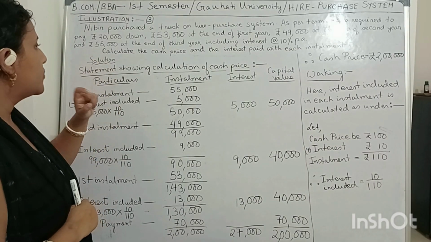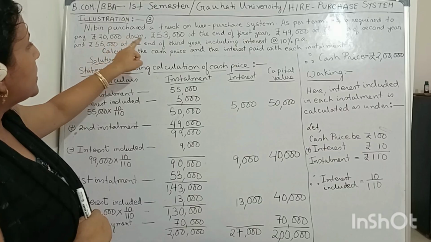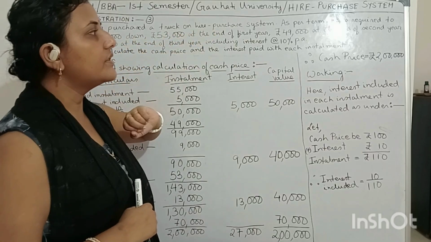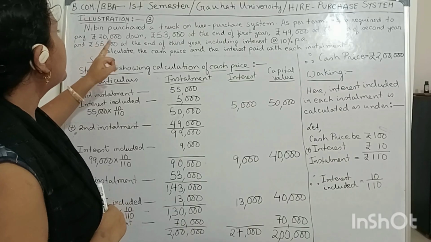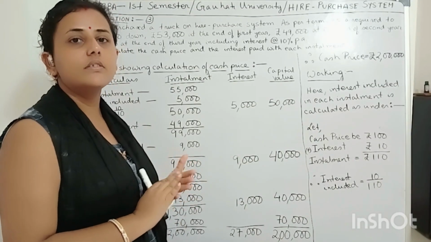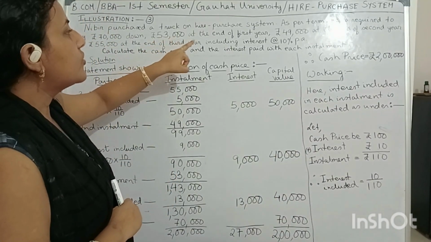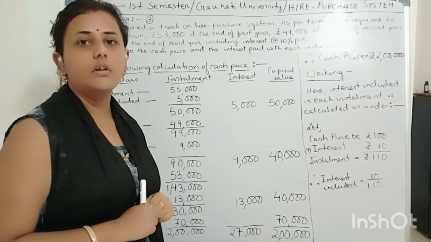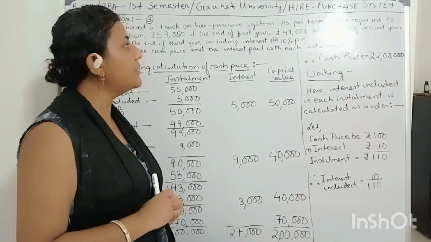Sorry, I have not explained the question. Nibir purchased a truck on hire purchase system. As per terms, he is required to pay rupees 70,000 down. So 70,000 is the down payment. Then rupees 53,000 at the end of first year, so 53,000 is the first installment.